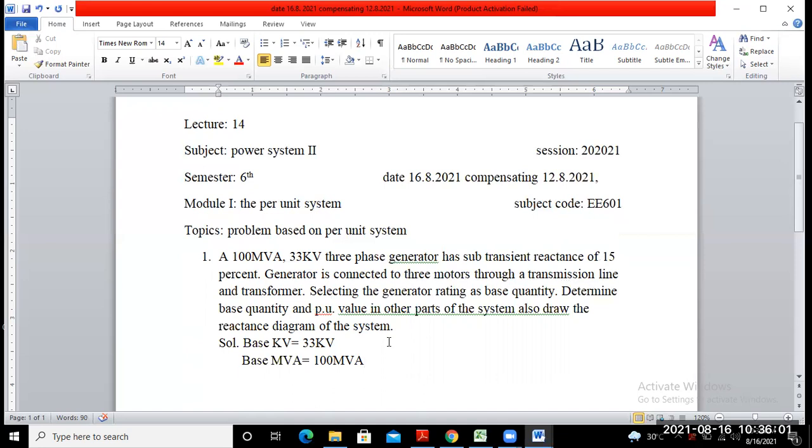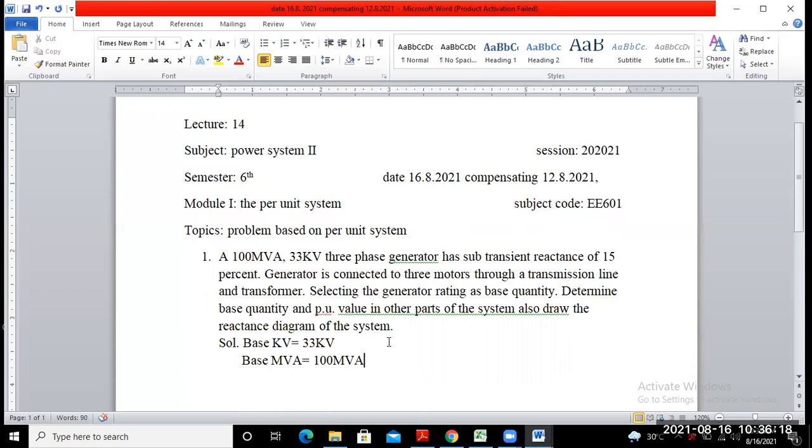And the motor kilovolt rating is given, so convert it based on the new base kilovolt line voltage.